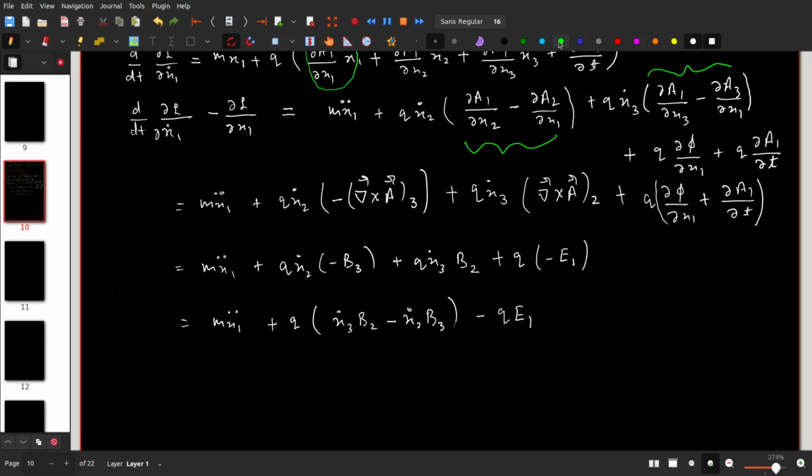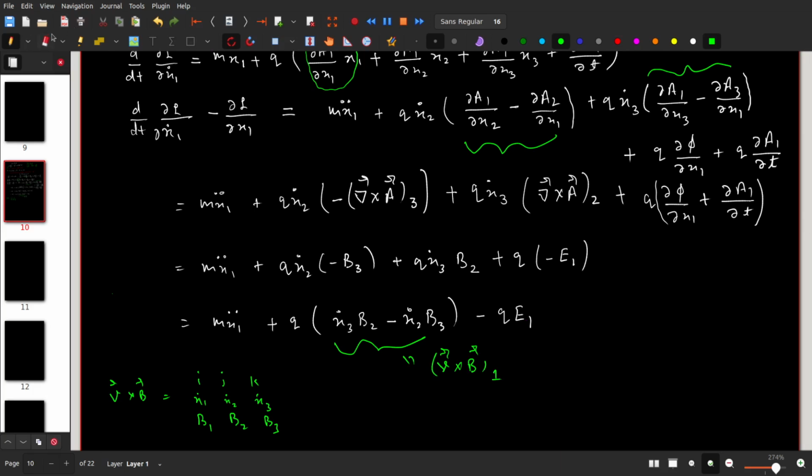Now if we look at this term and we look at V cross B, i j k, x1 dot x2 dot x3 dot and b1 b2 b3, then x3 dot b2 minus x2 dot b3 is the first component of V cross B. So this is equal to the first component of V cross B.